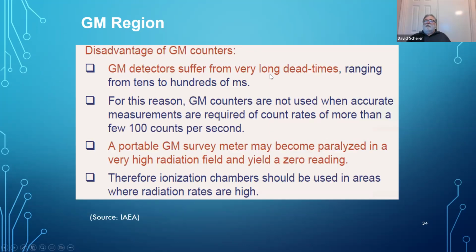The disadvantages: they suffer from long dead times because the entire volume is being ionized. It takes a while, longer than for other counters, for them to be neutralized and ready to detect again.